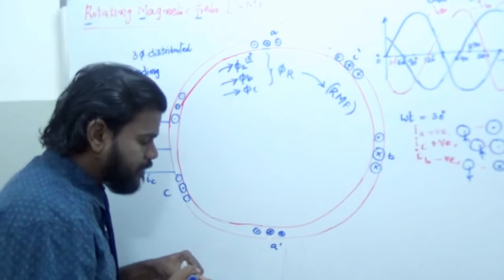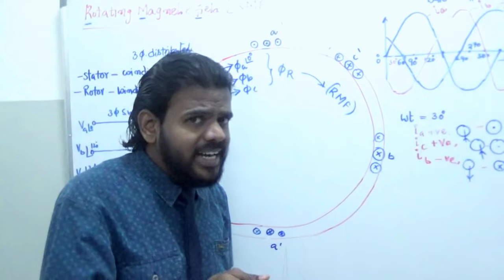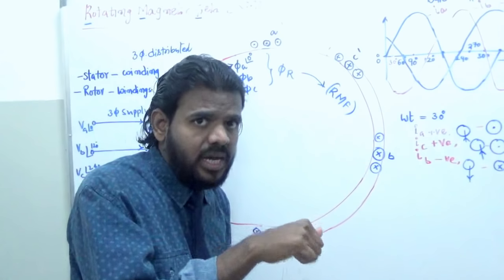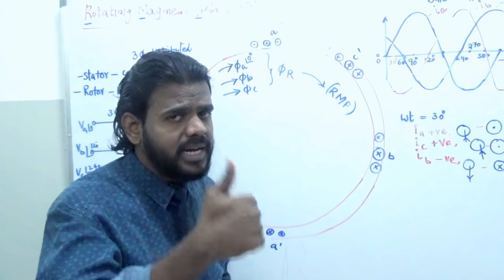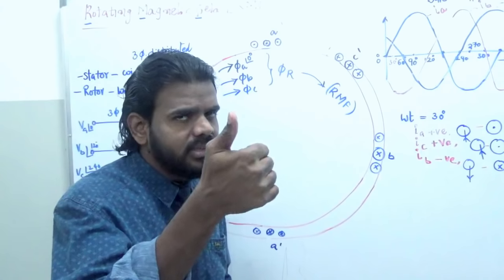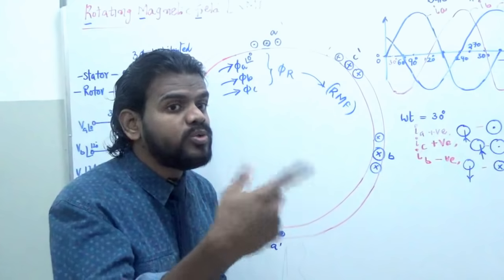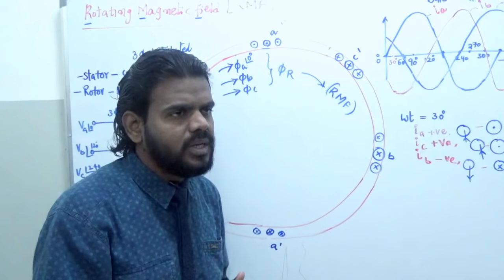Now see, as per the right hand thumb rule of Ampere, if the current direction, going in or out, is denoted with the thumb, then the flux produced in the conductor is indicated with the curled fingers. Hope you are with me.